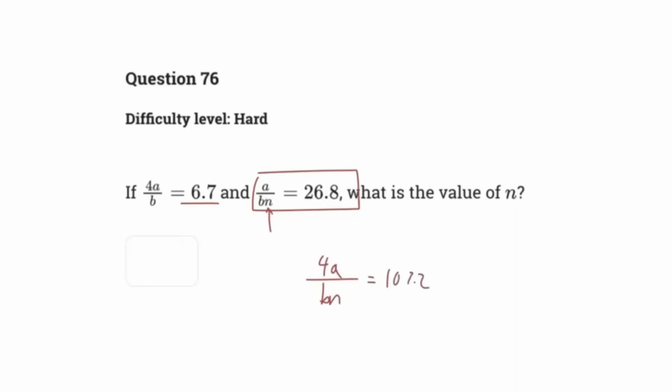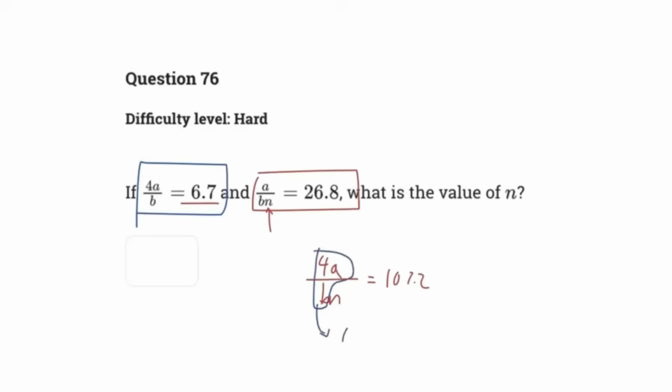107.2. Alright, so now it's just time to simplify, right? So what value of n would make this true? Well, because we don't actually know what the value of a or b is, we have to infer that based on our given information. We know 4a over b is 6.7, and we have 4a over b in our equation.